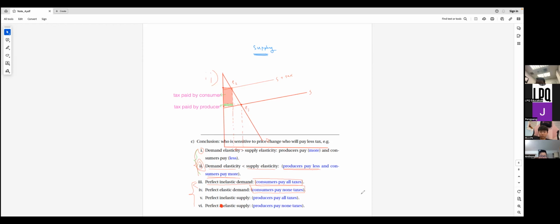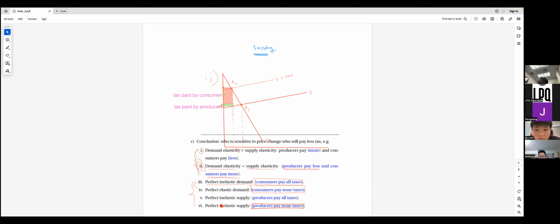If the supply curve is now perfectly elastic, indicating producers extremely care about price change, in that case you pay no tax. After we add the tax, you see the producer price will decrease.